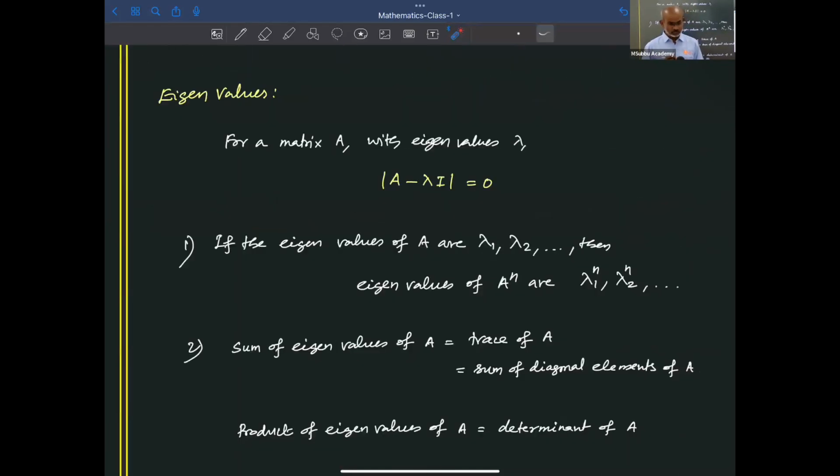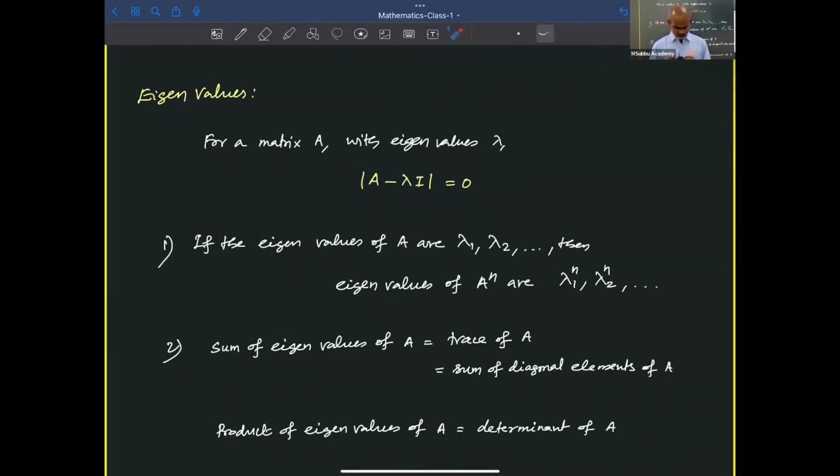Eigenvalues are a common question. For getting the eigenvalues, we will do this operation. First, take the original matrix A and subtract the identity matrix multiplied by the eigenvalue, so A minus lambda I. Here I is the identity matrix matching the size of A. The eigenvalue is simply a scalar number.